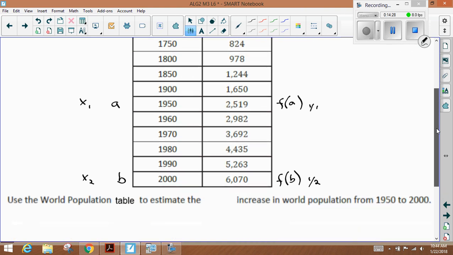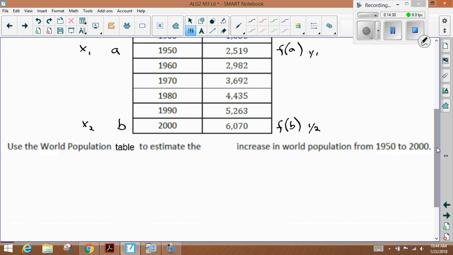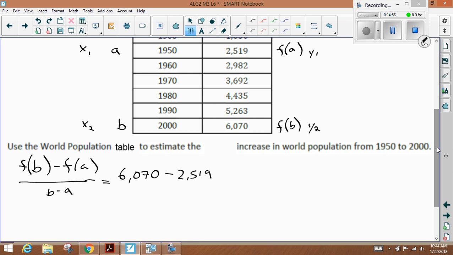So we use our rate of change formula, and we do f of B minus f of A over B minus A. So f of B is 6,070. F of A is 2,519.